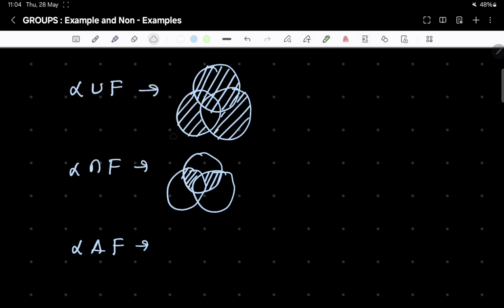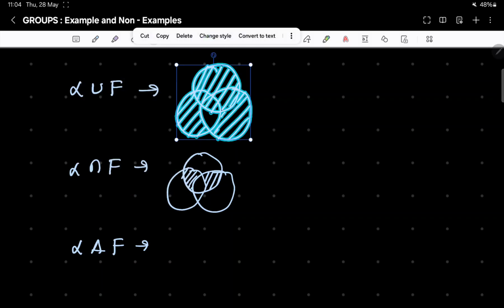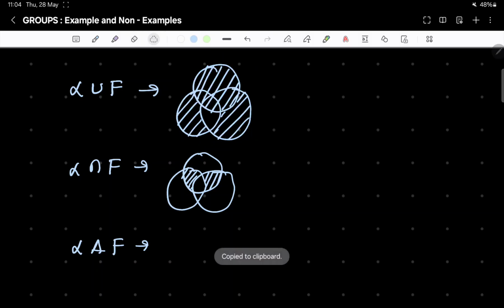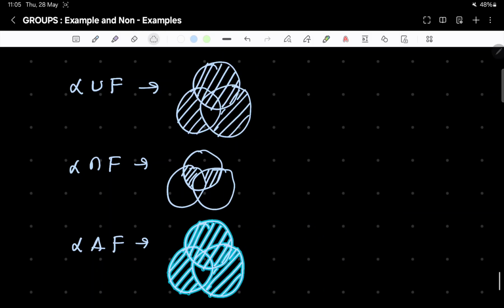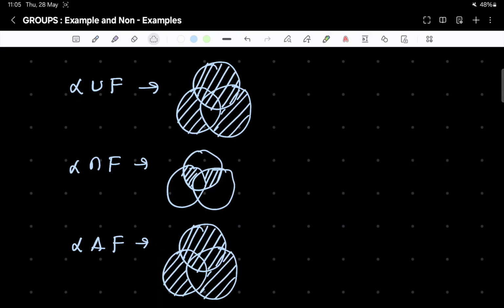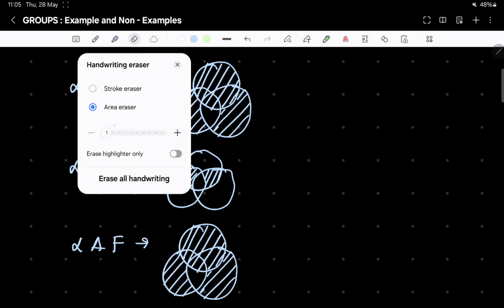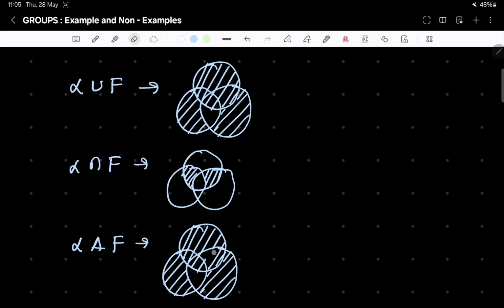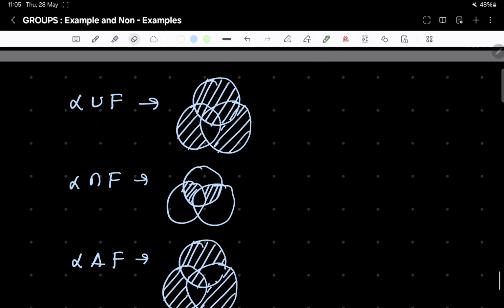I'll copy this here, then I want to delete what we have just seen. Like that. So you try to delete what is here, and this is what you get: alpha symmetric difference F.